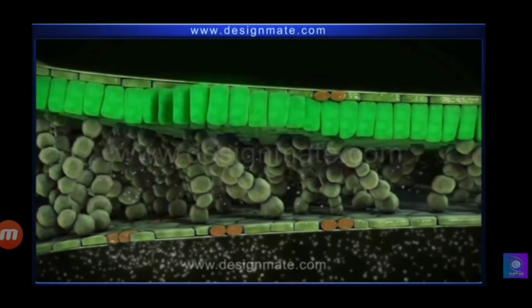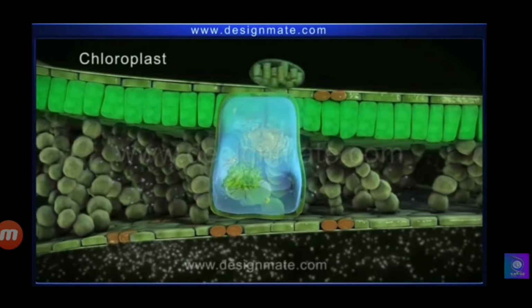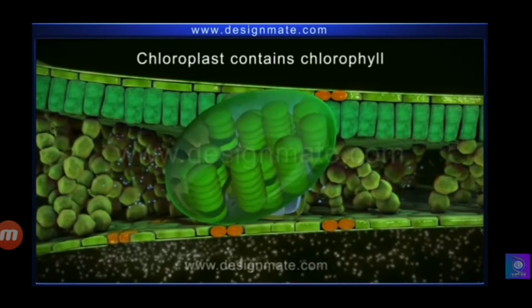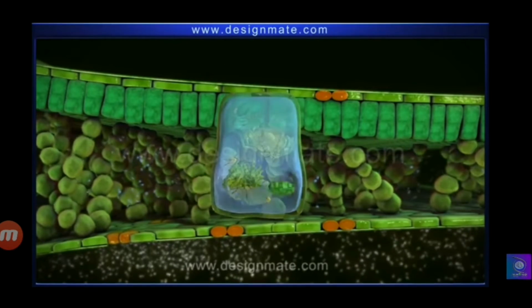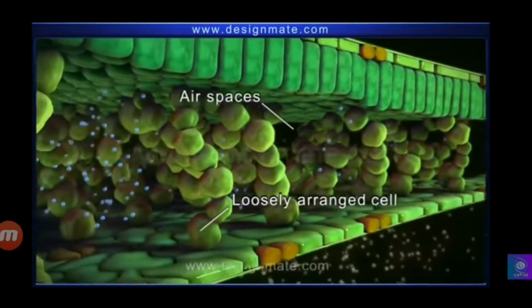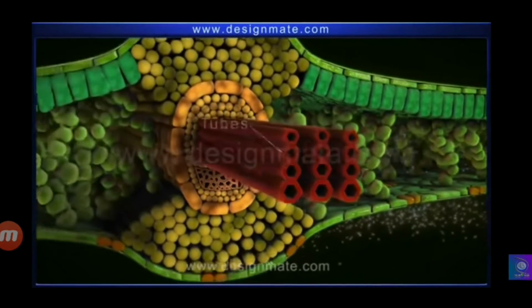The upper layer is made of very compact cell layers containing chloroplasts. Chloroplasts contain the chlorophyll pigment, which is green in color. The next layer is loosely arranged and has air spaces.